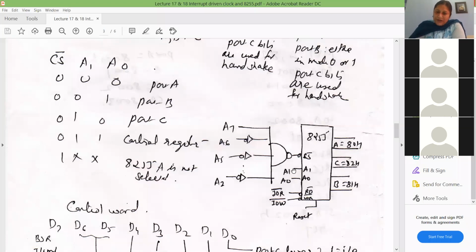Good. So to get 80 as the start address, the hardware should be such that you get 0 here with this address 80.